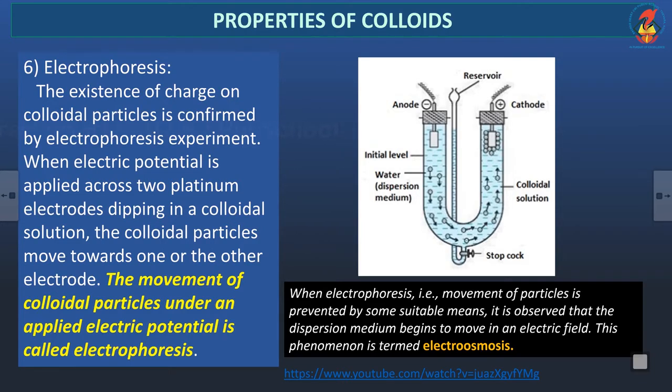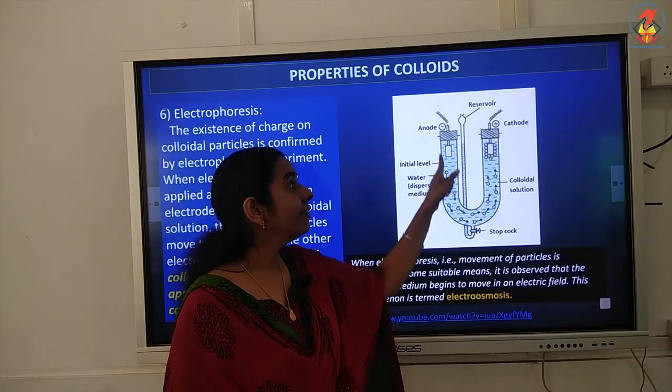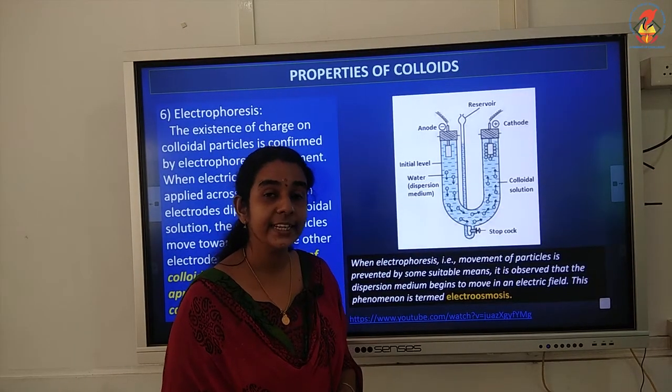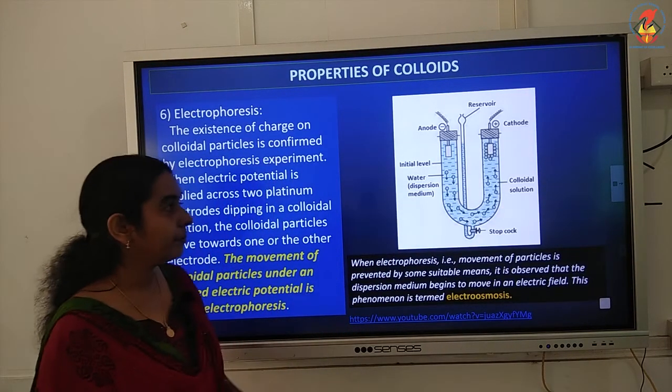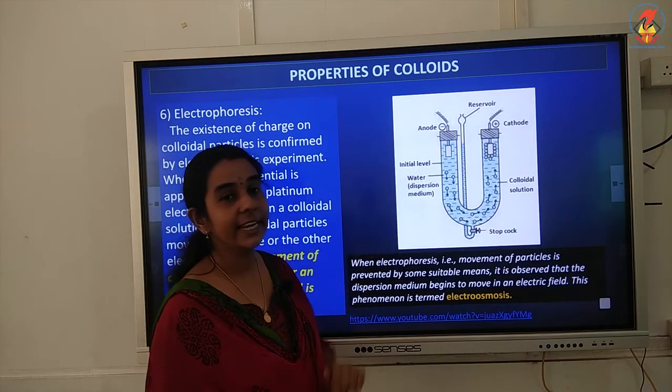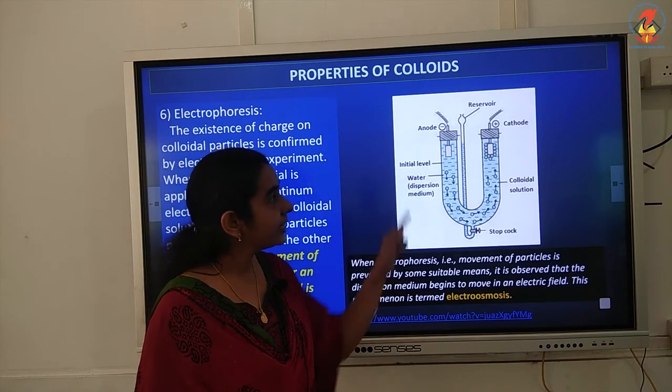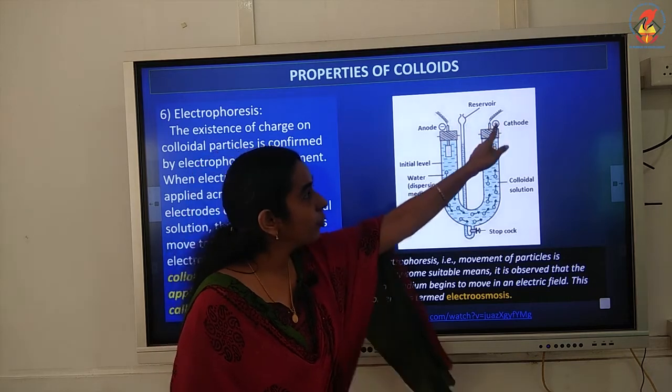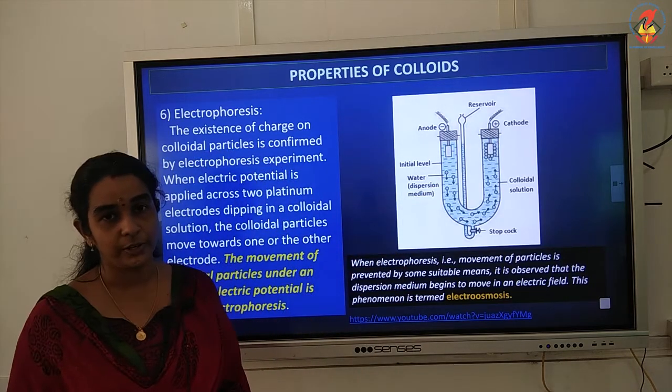Now we fill the colloid, which is carrying either positive charge or negative charge, inside this U-shaped tube. When we apply the potential, depending on the charge of the colloidal particles, they will move towards the oppositely charged electrode. For example, if the colloid is positively charged, it will move towards the negative electrode. If the colloid is negatively charged, it will move towards the positive electrode.